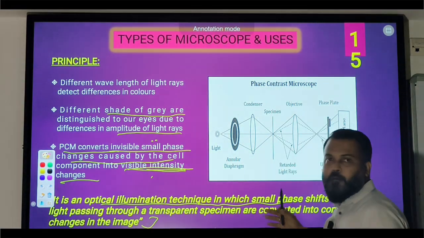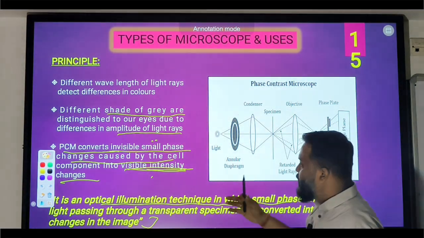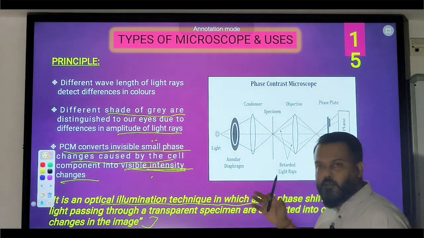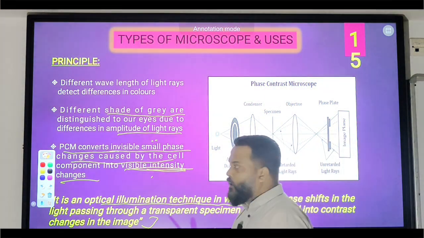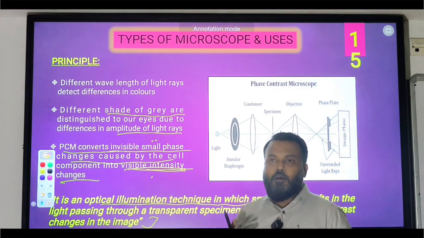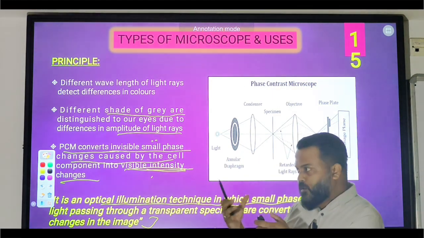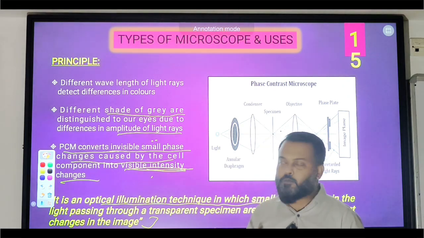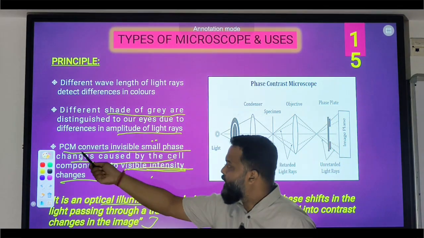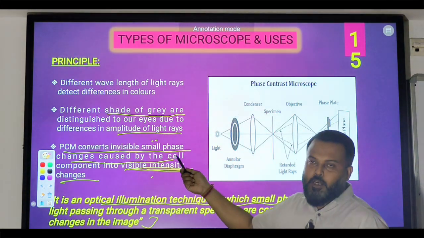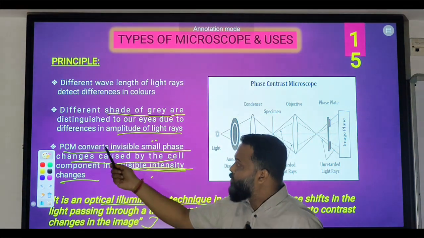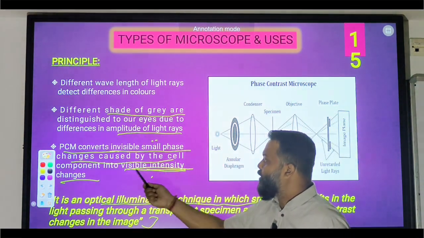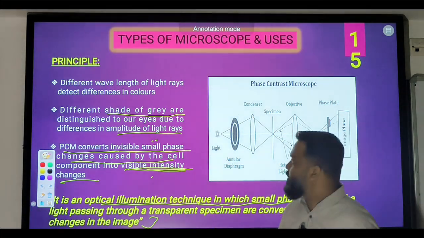If you want to write it in an exam, you can use this definition. But if you want to gain knowledge and remember how this microscope actually works, it will be better to go through this statement: PCM converts invisible small phase changes caused by the cell component into visible intensity changes.